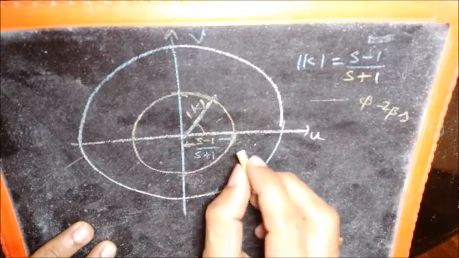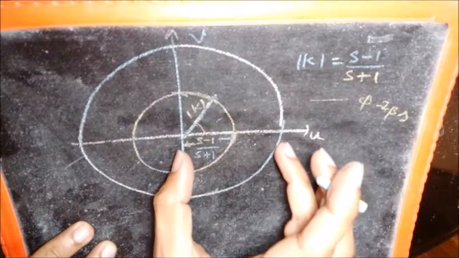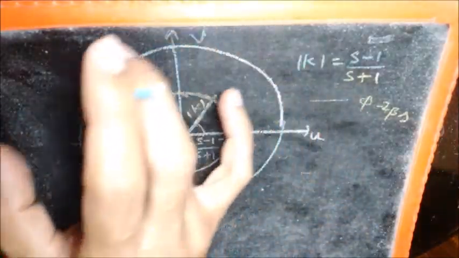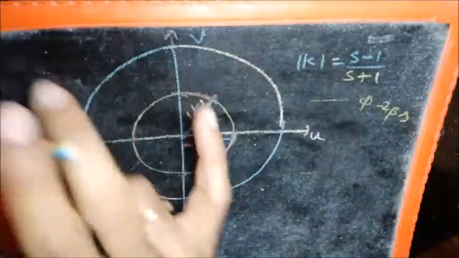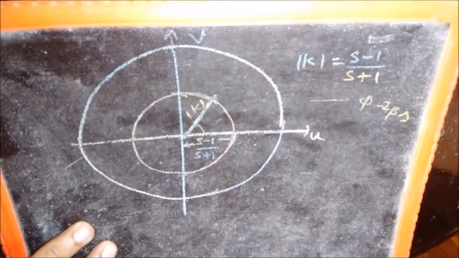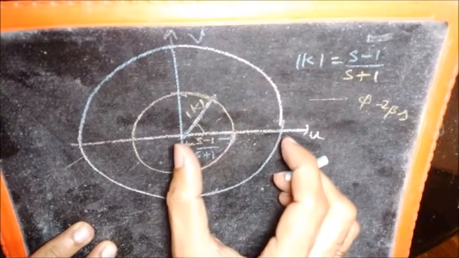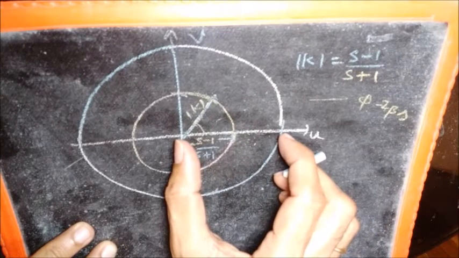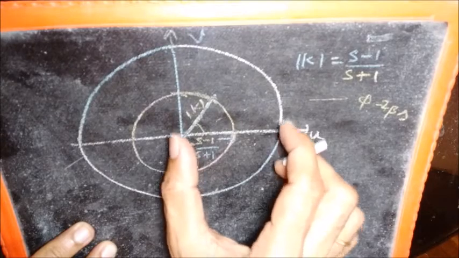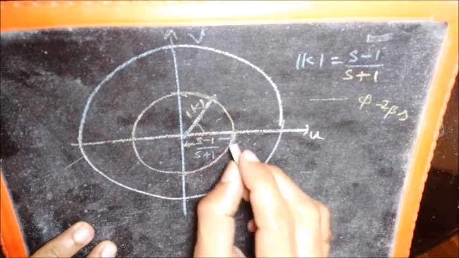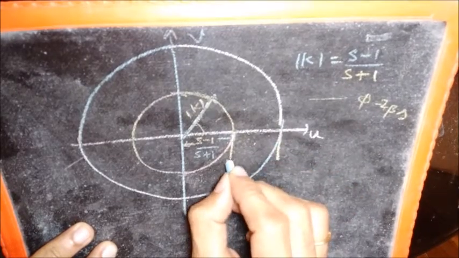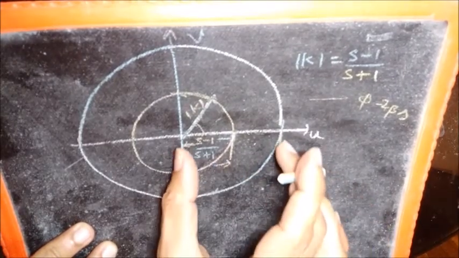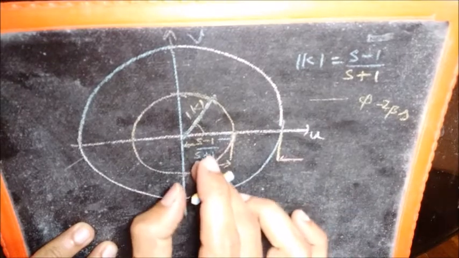And since this is 1, remember the r equal to 0 circle has a unit radius. So since this is 1, this will be 1 minus s minus 1 by s plus 1.